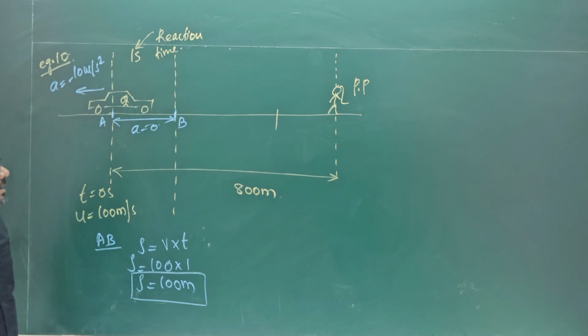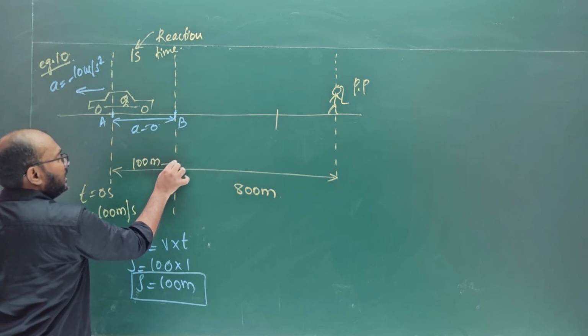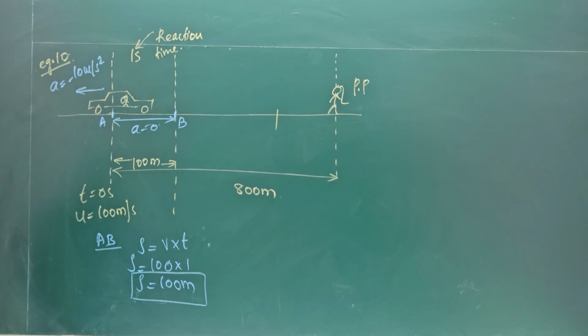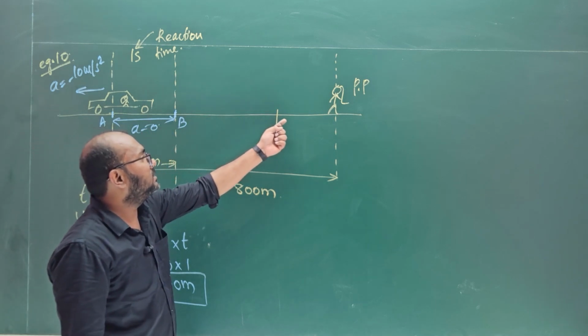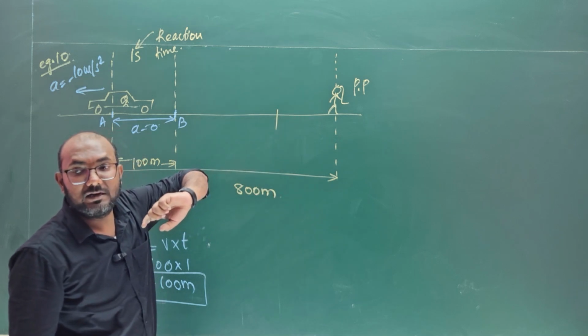From A to B, already 100 is gone. If our answer is equal to or less than 700, she is okay. If our answer from B to this point is greater than 700, then 100% there is an accident.